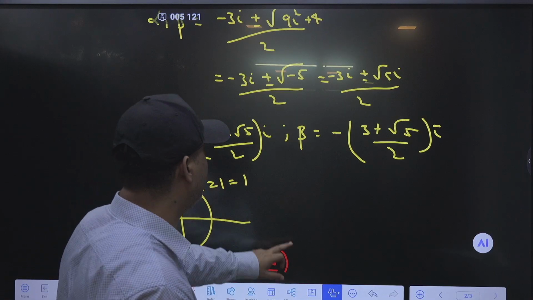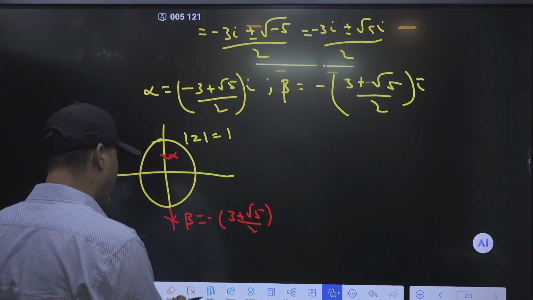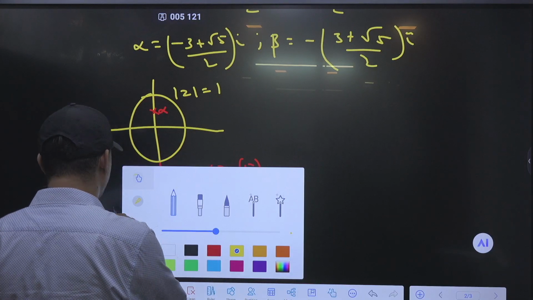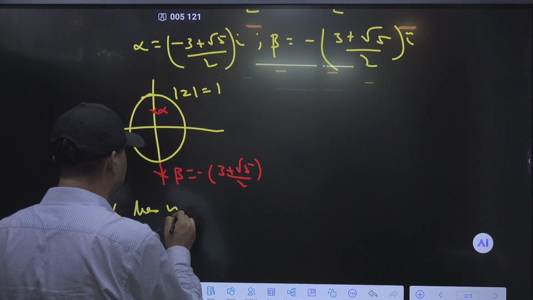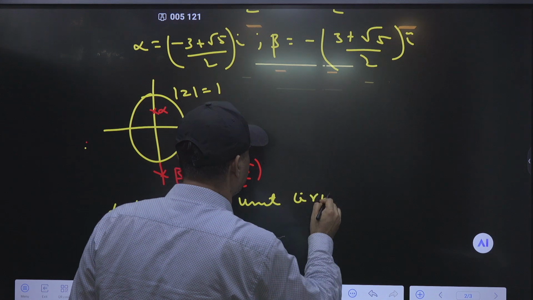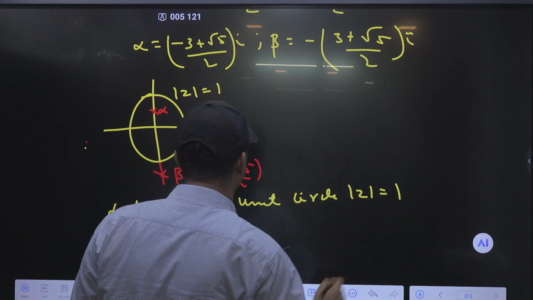Once you understand this concept, what is the residue that I need to find out? Only alpha lies inside the unit circle, mod z is equal to 1. Beta is outside.